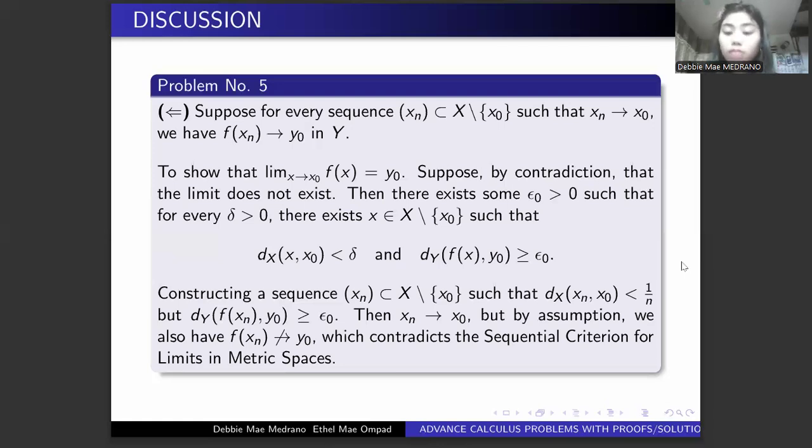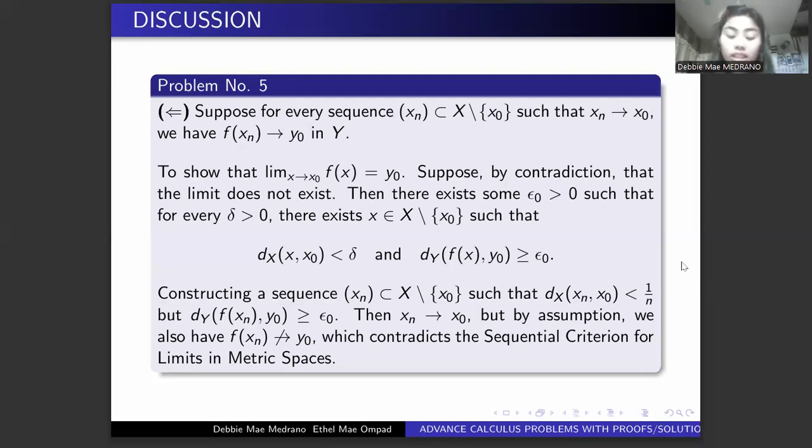Then there exists some epsilon_0 greater than 0 such that for every delta greater than 0, there exists an x in X minus x_0 such that d_X(x, x_0) is less than delta and d_Y(f(x), y_0) is greater than or equal to epsilon_0. Constructing a sequence x_n in X minus x_0 such that d_X(x_n, x_0) is less than 1 over n, but d_Y(f(x_n), y_0) is greater than or equal to epsilon_0.